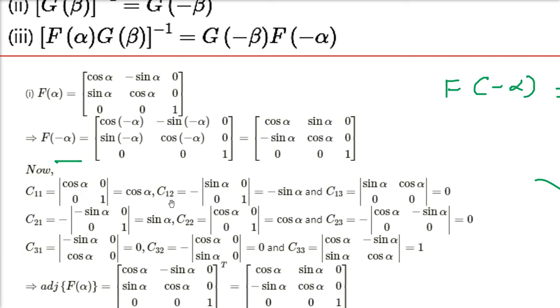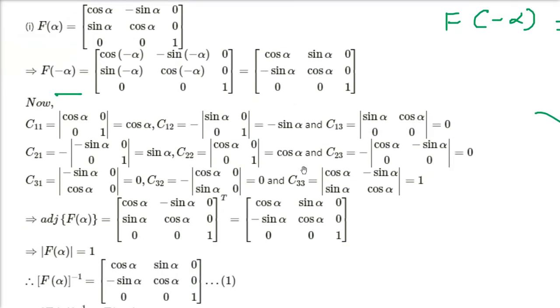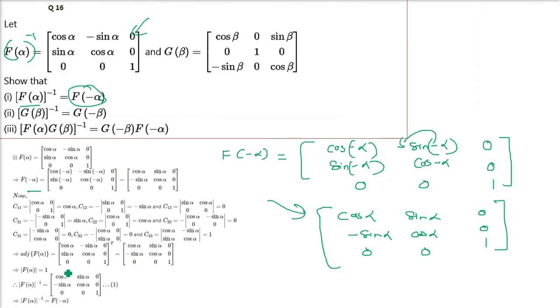So all these C11 till C33, all these values need cofactor, and cofactor will always have the signature sign, and that sign will be minus 1 to the power i plus j. So all this value you have to put it here, and then you have to take the transpose of this. Once you take the transpose of this, that is going to be divided by the determinant.